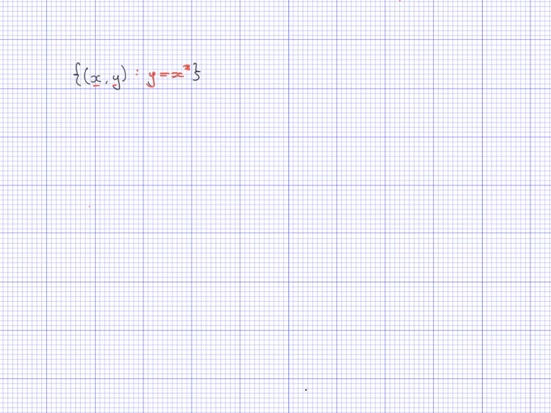This is how we read this rule. This is called mapping notation, and we're going to have a look at how the transformation can be expressed like this. So it tells you that (x, y) maps to, so the original maps to (x + 2, y + 4).